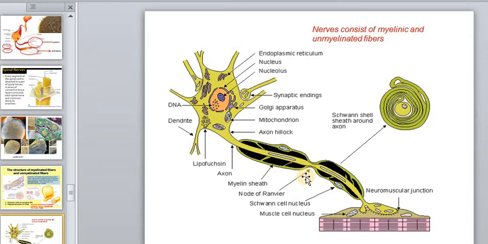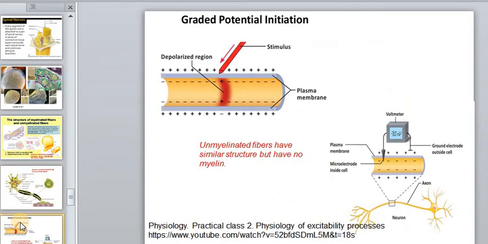This place is of great importance in carrying out the action potential in the nerve fiber. But first let's learn about the potential in the unmyelinated fiber. You can watch the practice about formation of action potential.